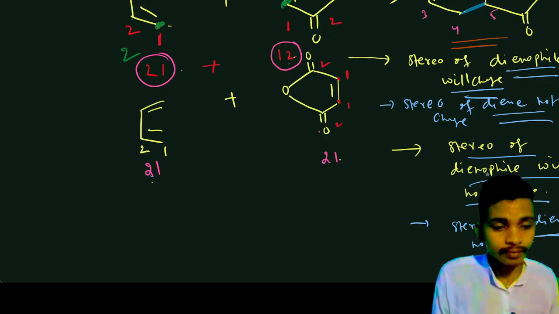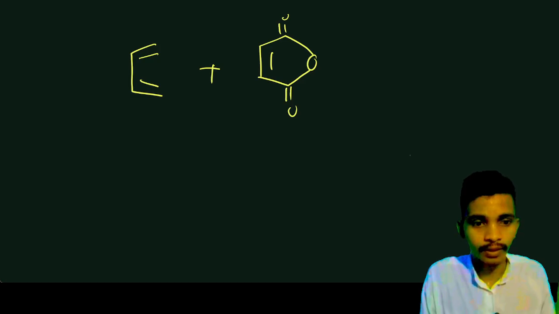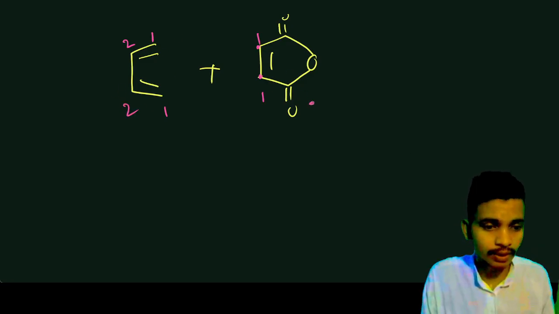It means that if the diene is like this and the dienophile is like this here, then we first name the primary interactions, this is 1 and 1. And the secondary interactions are 2 and 2.